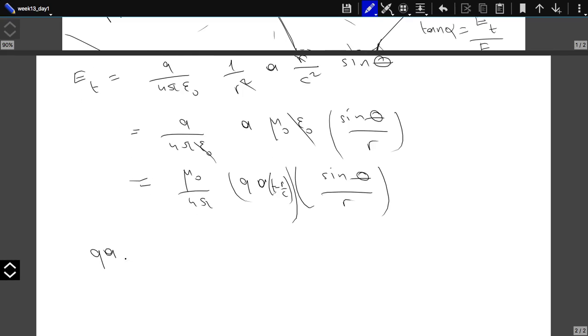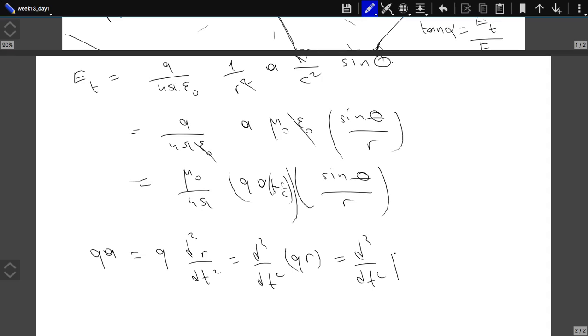Okay, so let's see. This q times a, I can write it as q times d squared r by dt squared. This is d squared by dt squared of q times r. This is nothing but d squared by dt squared of p, that is p double dot. Well, we are back to the expression we had in the lecture.